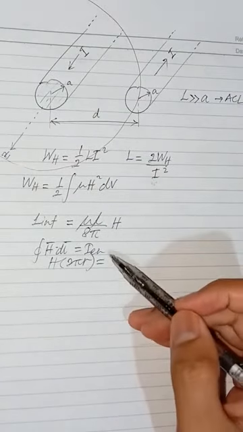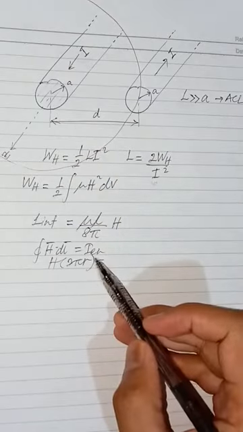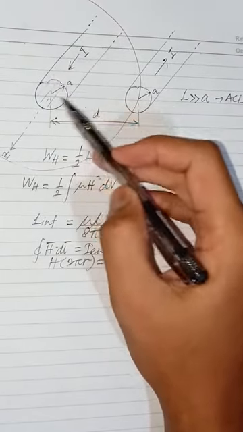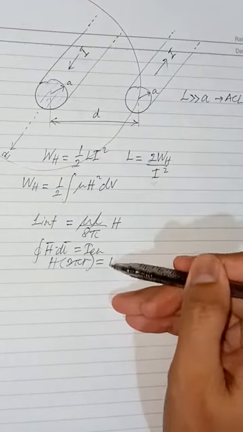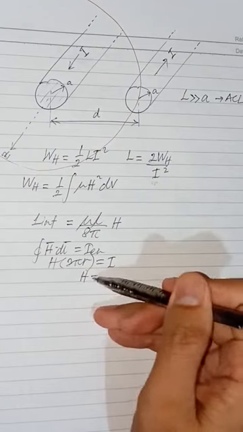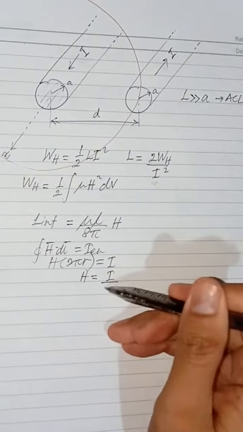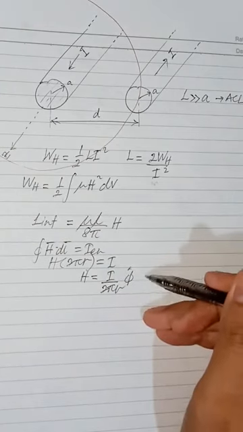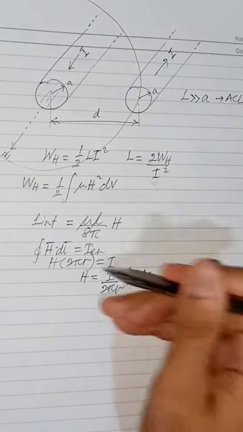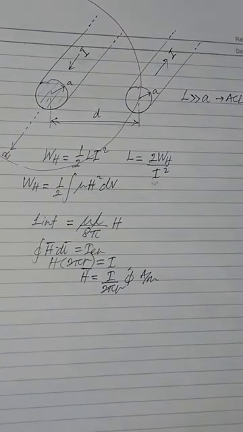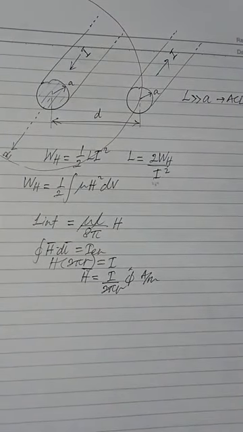From the diagram, the I enclosed is equal to the total current flowing within the first wire, which is I. So we get the H field expression H = I over 2 pi r in the phi direction, in ampere per meter. This is the expression that can be used to find H outside the wire.